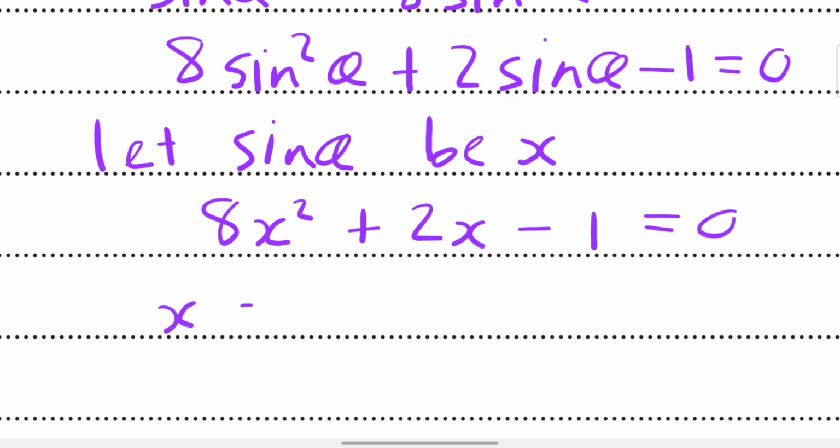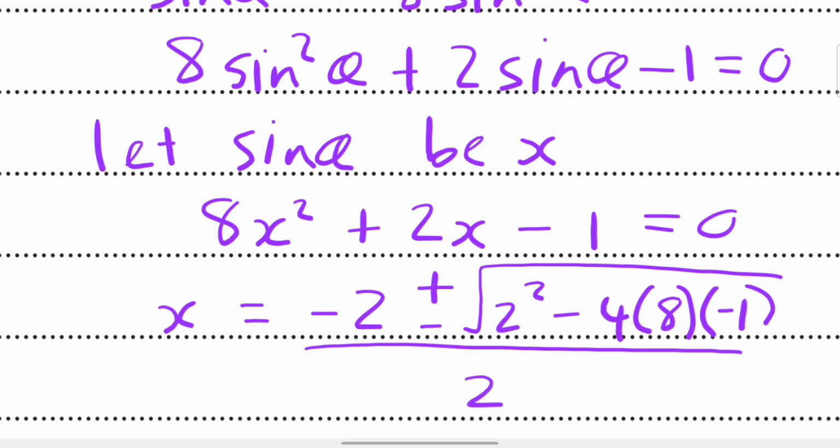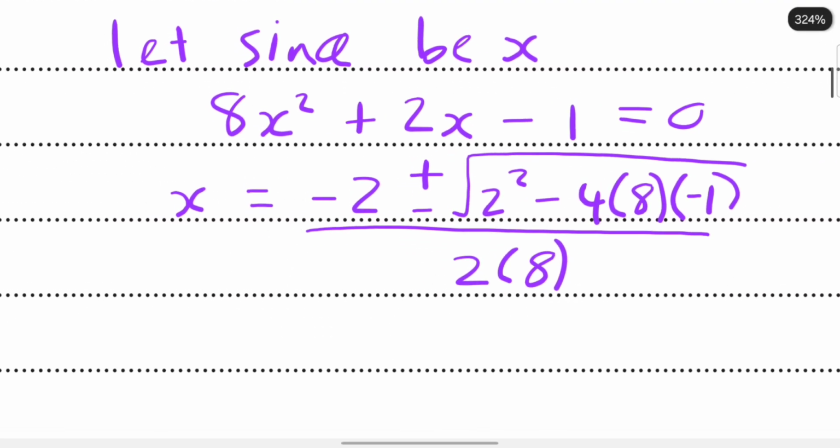So x will be equals to minus 2 plus or minus the square root of 2 squared minus 4 times 8 times our c, which is minus 1, over 2a, which is 2 times 8. And if we punch that in our calculators, we get x as 1 over 4 first, or x as minus a half, right?